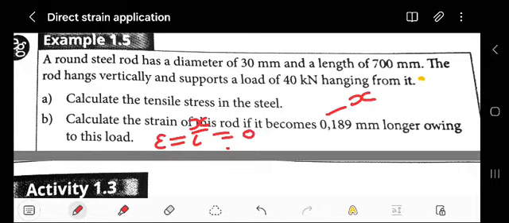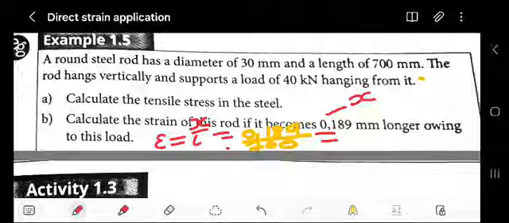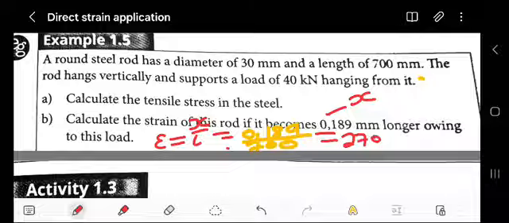You can say 0.189 over 700 as it is. If you punch this on your calculator, you'll get 270 times 10 to the minus 6. So this is what we'll have there.